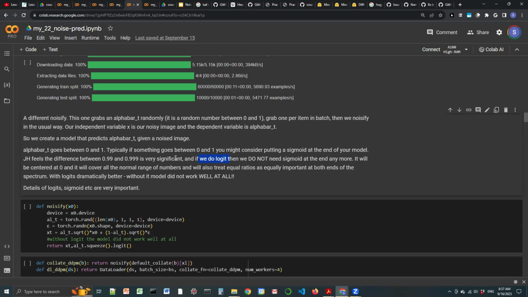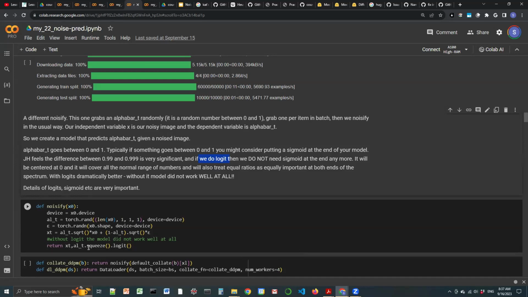But when he doesn't do the logits and instead does the sigmoid, it doesn't work. So he goes into, in the lecture, that these kinds of details are important and we need to play with it to see, does it work when we use logits or does it work when we use sigmoid and so on and so forth. He doesn't get into an explanation of why one would work versus the other doesn't.